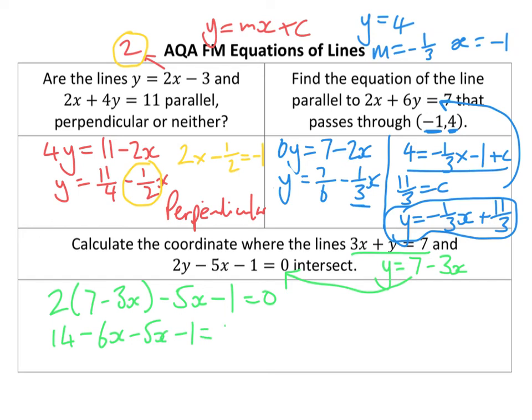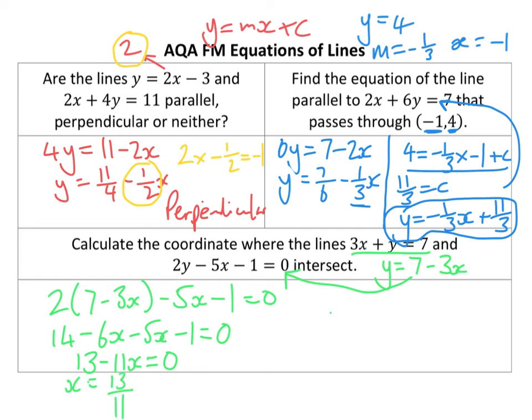I didn't check any of the numbers beforehand, purely because I expect them to be a little bit horrible, in fairness. So we're going to have 13 minus 11x equals 0. So x equals 13 over 11.